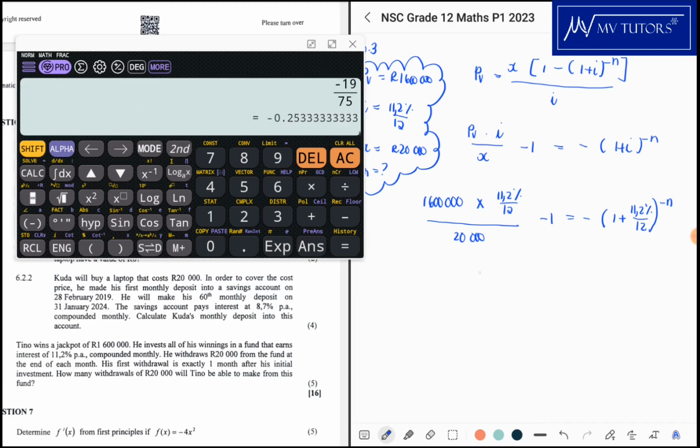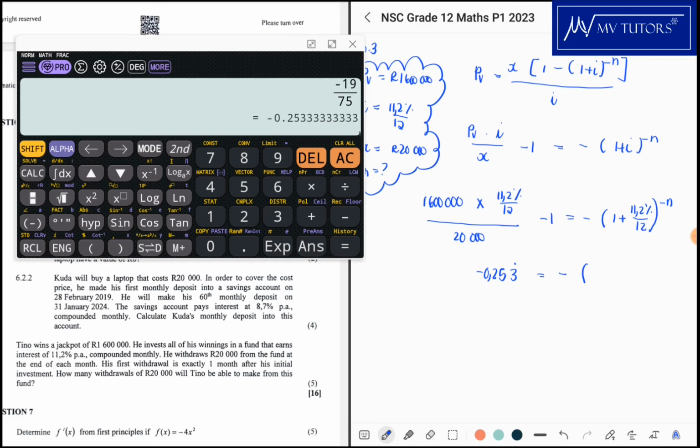So that gives us negative 0.253 recurring. Let me just store this, shift store A. Okay, cool.